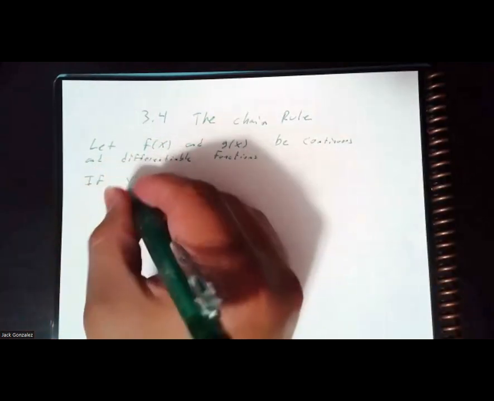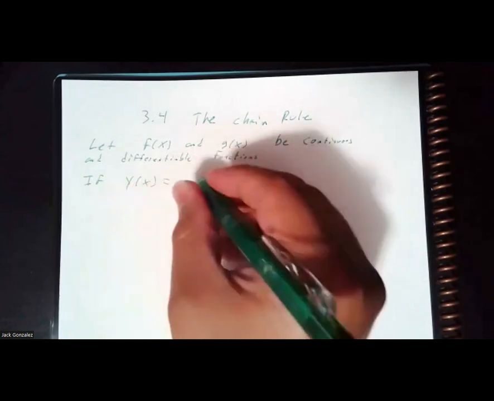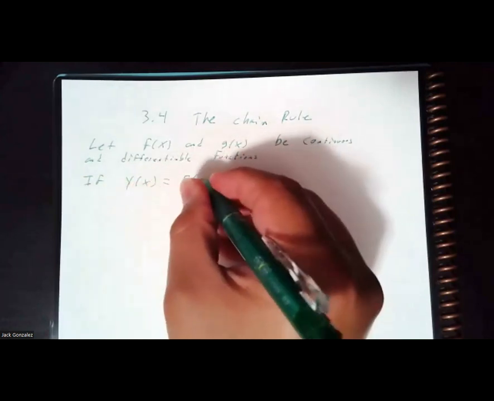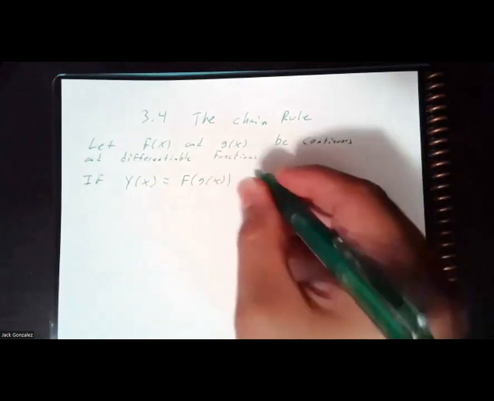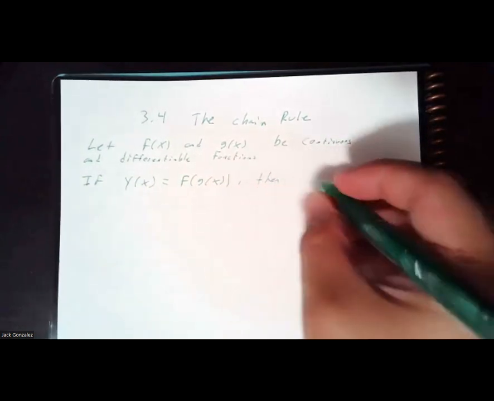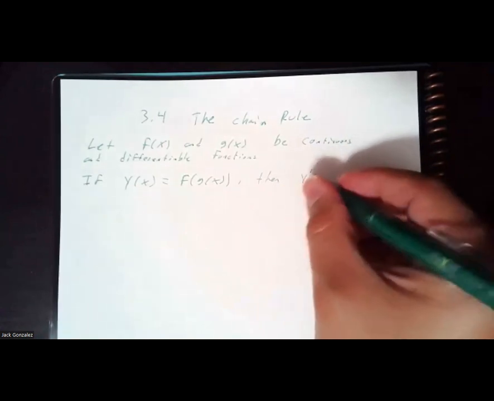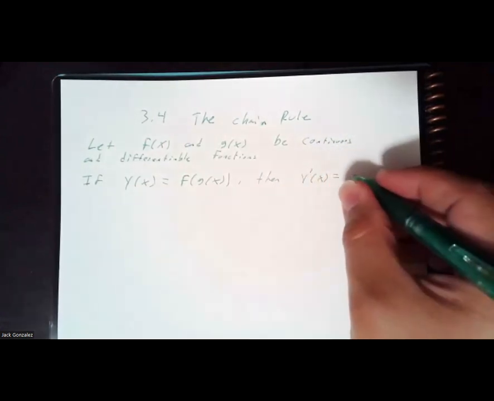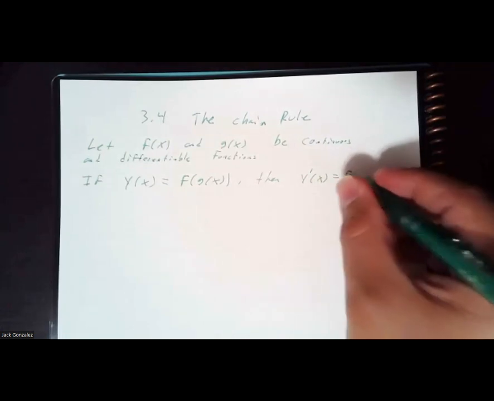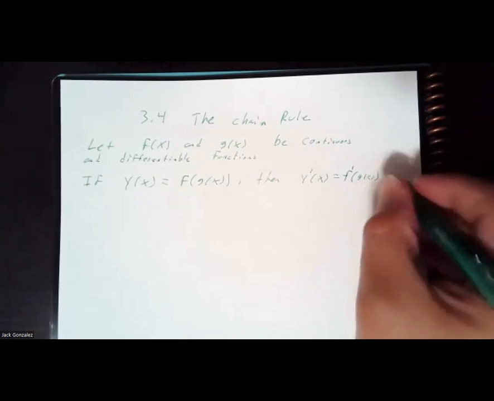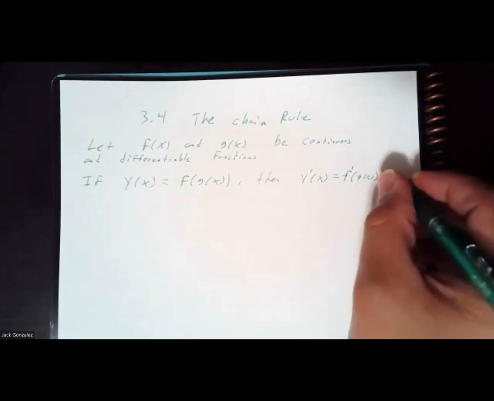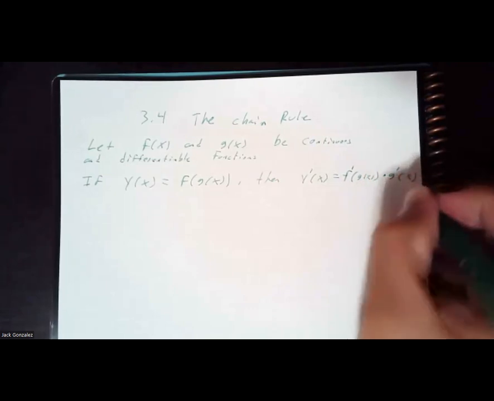If y of x is equal to f of g of x, then the derivative y prime is equal to the derivative of the outside times the derivative of the inside.